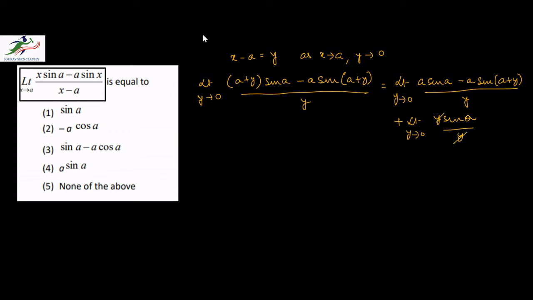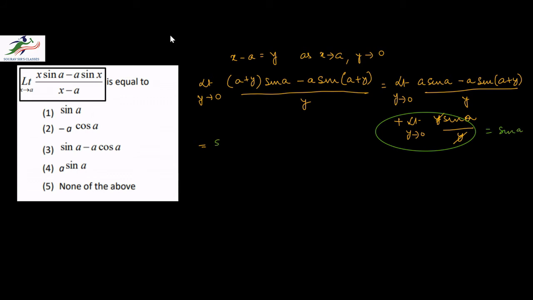So here y and y cancel out. So this becomes a constant term now. So we can write this as the limit as y tends to 0 of sin a, which would be equal to sin a.